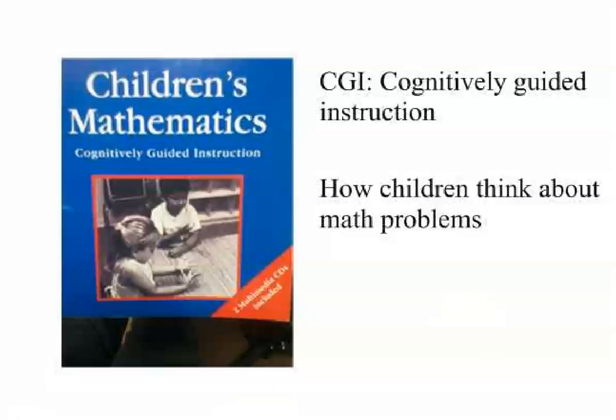Let's see. So this is all about how children learn about math and especially addition, subtraction, multiplication, division. And it's not specifically about teaching. What it tells you is if you give children problems to try and figure out, what problems are going to be the most accessible?